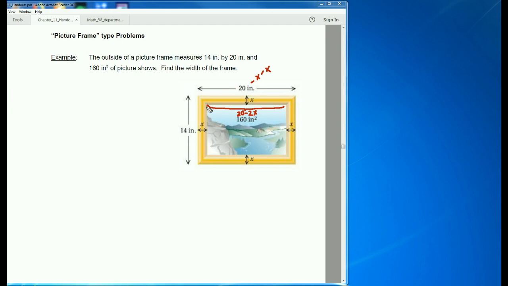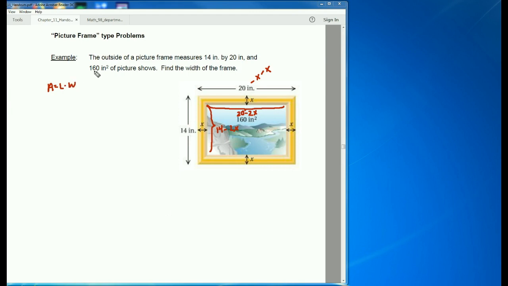And then similarly, this dimension of the picture, the total distance here is 14, but again, that includes x and another x. So this dimension is going to be 14 minus 2x. Okay. And again, just using the fact that the area is equal to the length times the width.